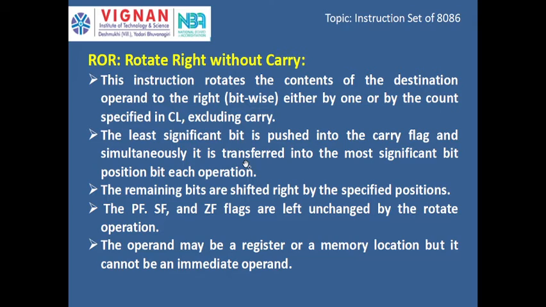In a similar way, the opposite action is ROL, rotate left without carry. There is another one, rotate right through carry. This instruction rotates the contents of the destination operand to the right, bit by bit, either by 1 or by the count specified in the CL through the carry flag. For each operation, the carry flag is pushed into the MSB of the operand and the LSB is pushed into the carry flag.